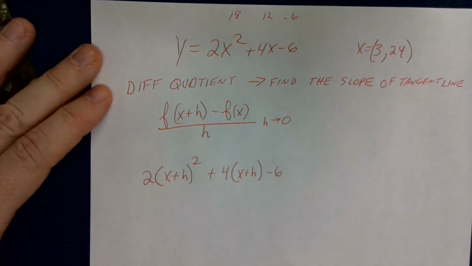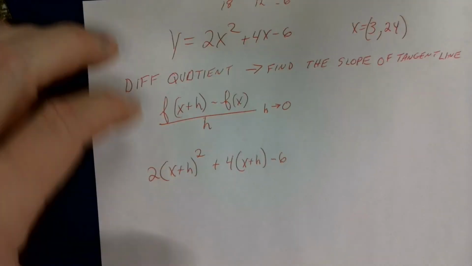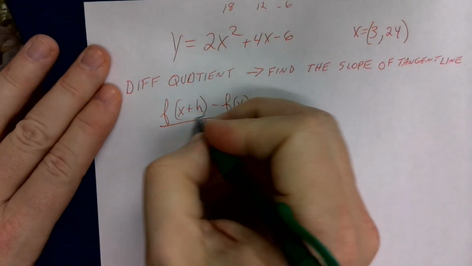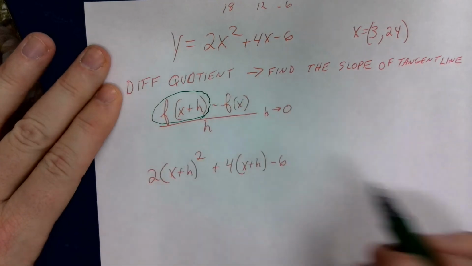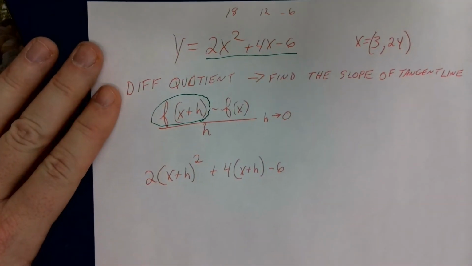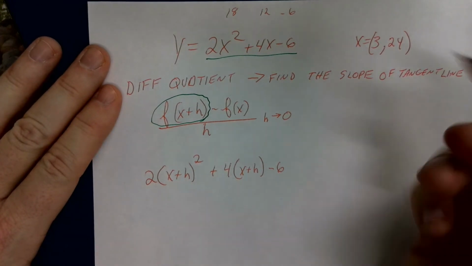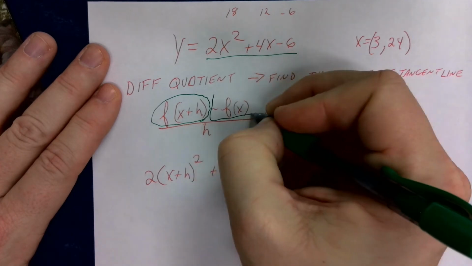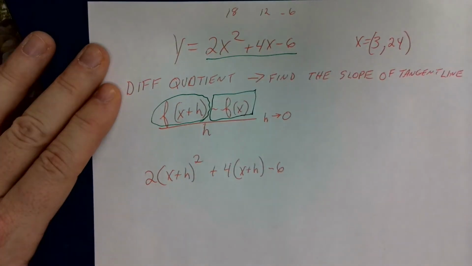So what I just did was I took this section of the problem. All I've done so far is this section, and I've plugged x plus h into that equation right up there. Okay? Now this says, according to it, I still have to do this part, right? I still have to subtract the regular function.